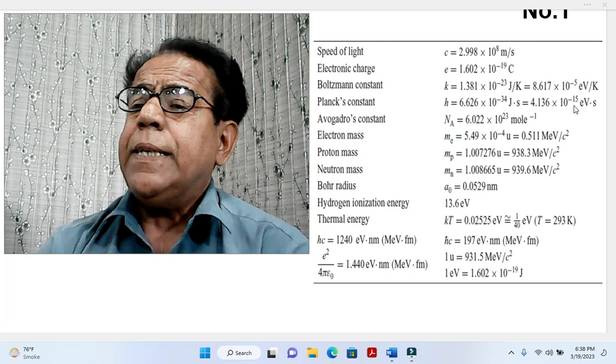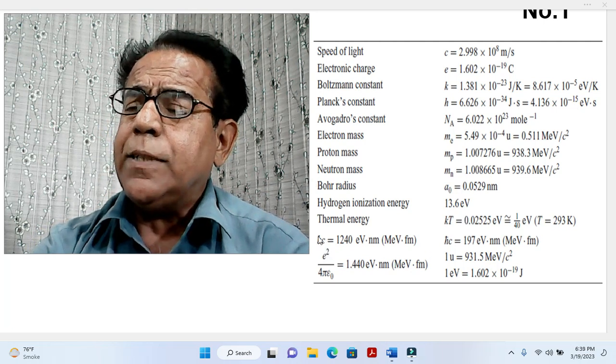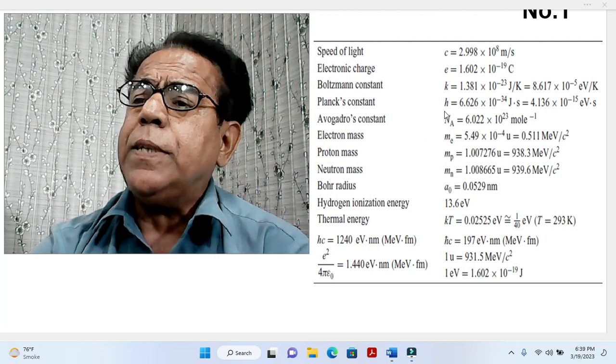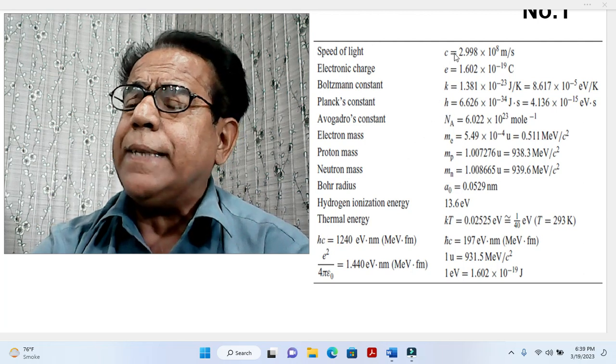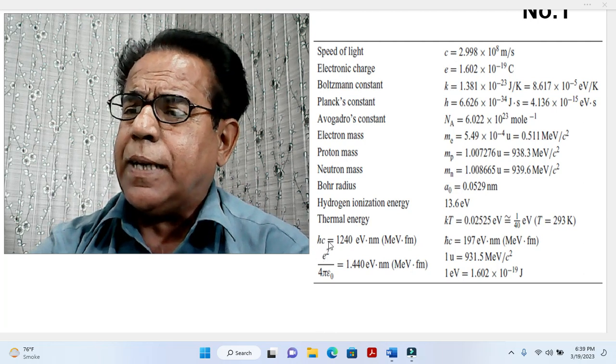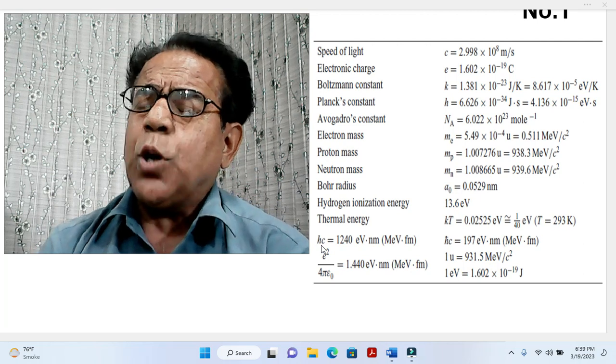Similarly, dear students, here the value of HC together is also given, but in the presence of separate values of H and C, we do not need this value which is given collectively for our convenience.